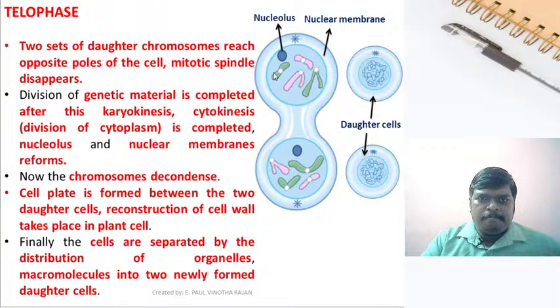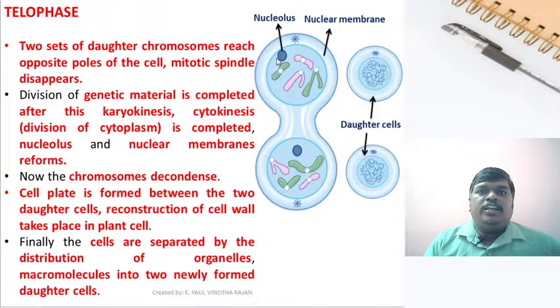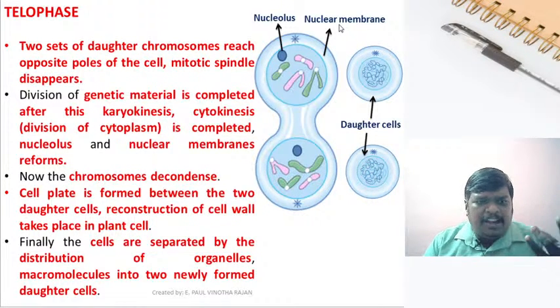And then the centrioles, which disappeared during prophase, will reappear. And then the nuclear membrane will reappear. You got it? The nucleolus reappears, the nuclear membrane reappears, the Golgi body, the endoplasmic reticulum, everything reappears.